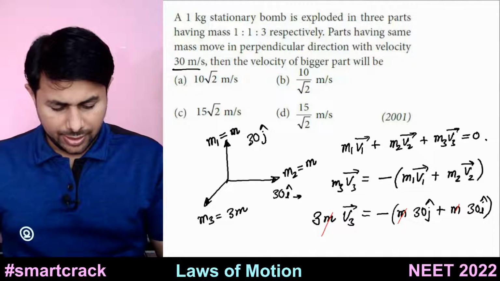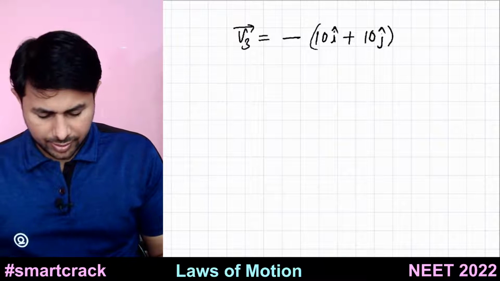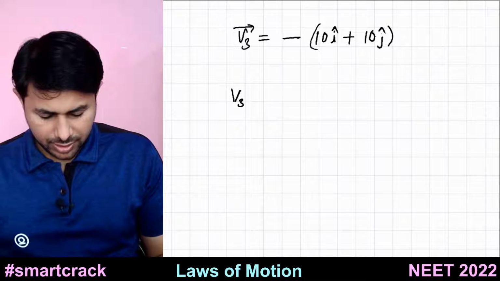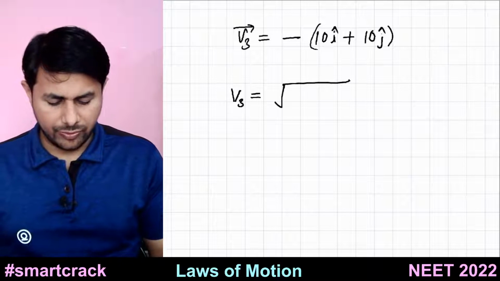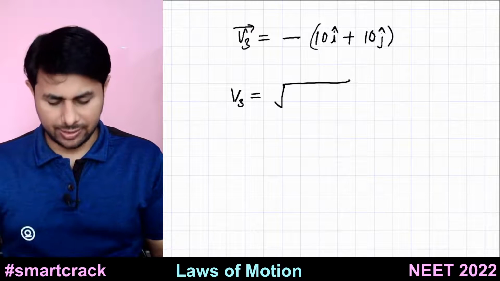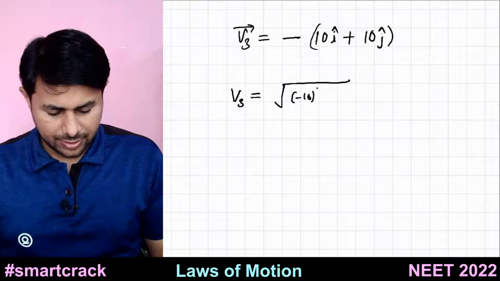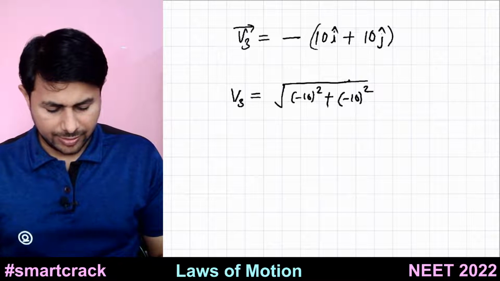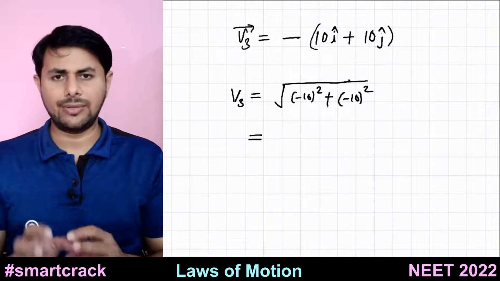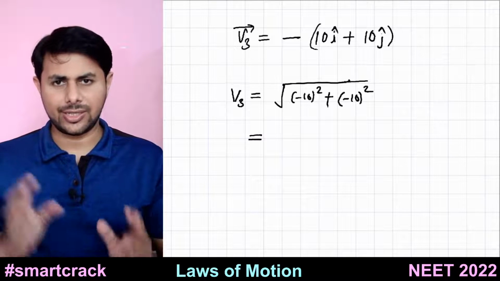How? So magnitude v3 equals square root of vx square, which is minus 10 square, plus vy square, it is also minus 10, so minus 10 square, so it is 2 times 10 square, which is 100.